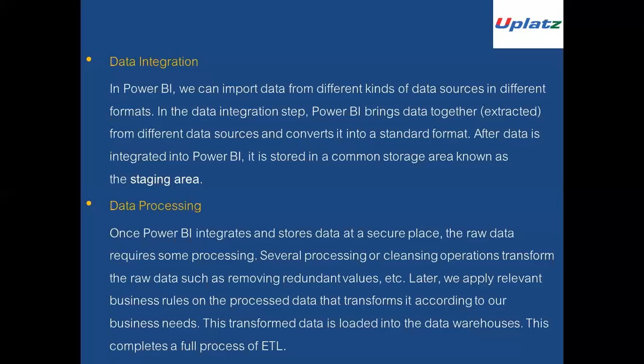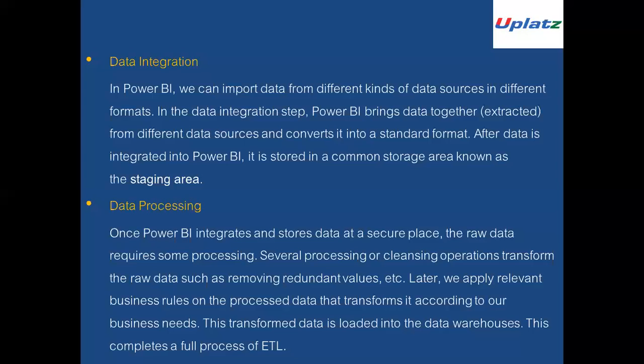We apply relevant business rules on the processed data to transform it according to our business needs. And the transformed data is again loaded onto the data warehouses. This completes the entire ETL process, that is, extract, transform, and then load.